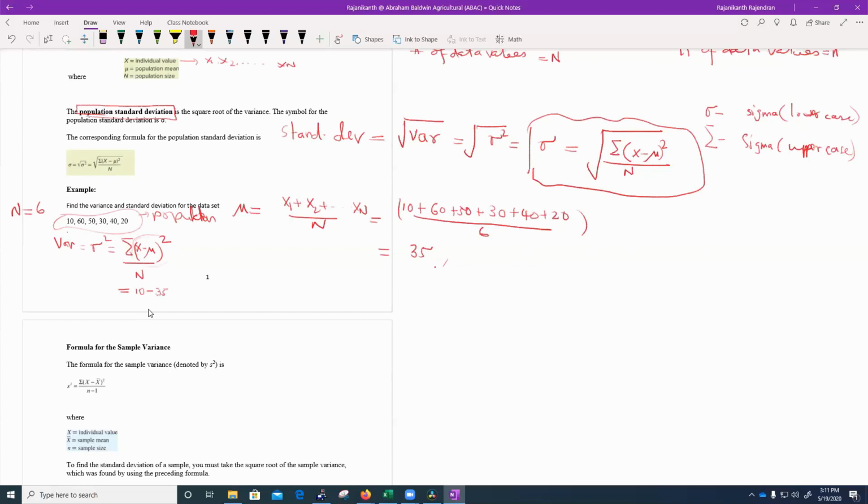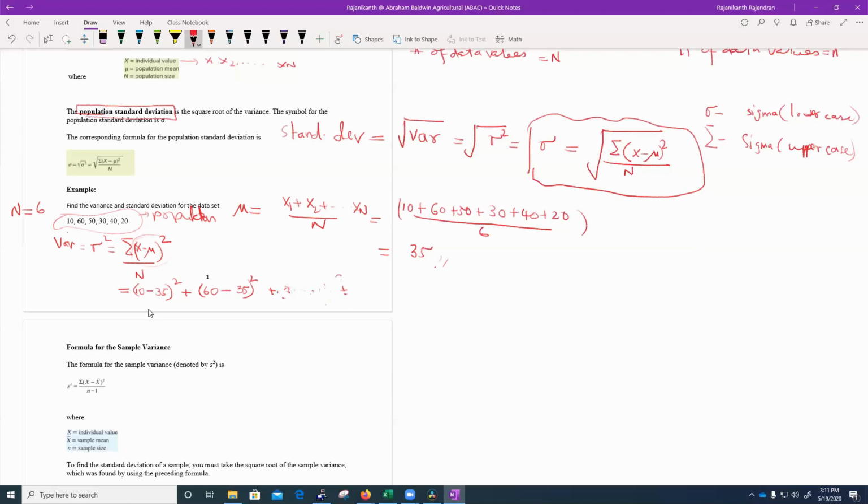After getting this answer you have to square. So this is basically the first term of the summation. Remember, I have the summation notation, so you have to keep on adding. I'm taking my second data value, which is 60. That is my second x. Then subtract again mu. Mu is fixed for this problem, which is 35. Then square. Plus my third data value is 50. Then subtract again mu, which is 35. Then square, and so on.